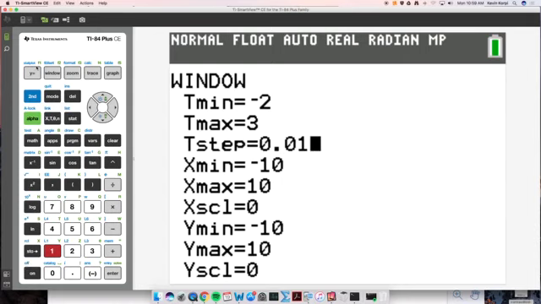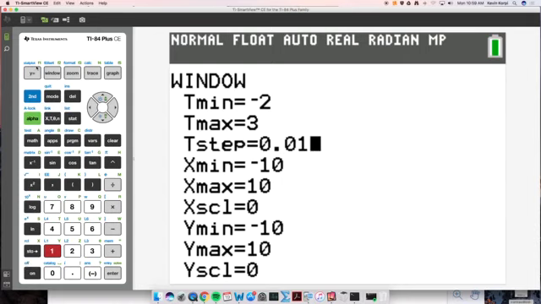Go to y equals, clear that out, and we've got, ooh, this looks interesting, 4 parentheses, 2 sine of t, close that, plus 1, close that, squared, and then minus 4. Wow, funky. And then the next one is 2 sine of t plus 1.